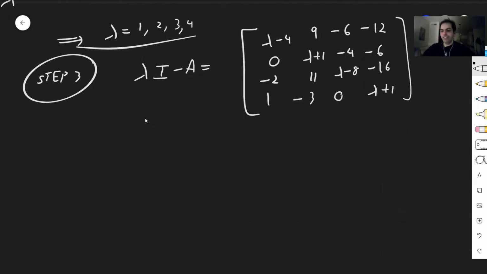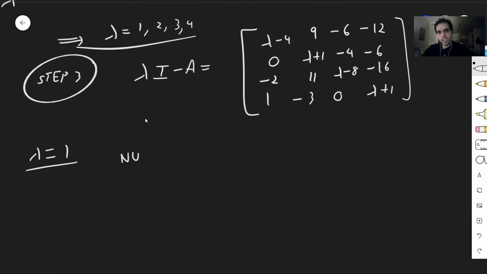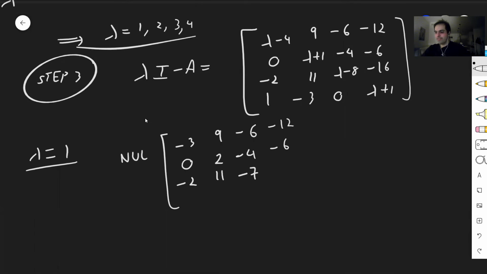All right, so now for our first eigenvector, let's let lambda equals 1. And what we have to find is the null space of, again, 1 minus 4, which is minus 3, 0, 9, minus 6, minus 12; 0, again, 1 plus 1, which is 2, minus 4, minus 6; minus 2, 11, minus 7, minus 16; 1, minus 3, 0, 2.